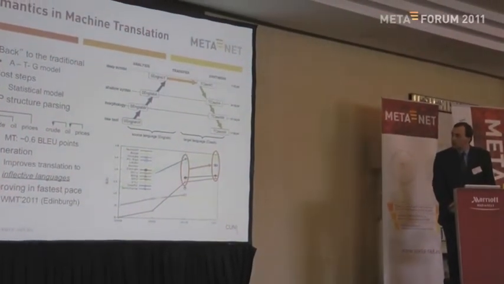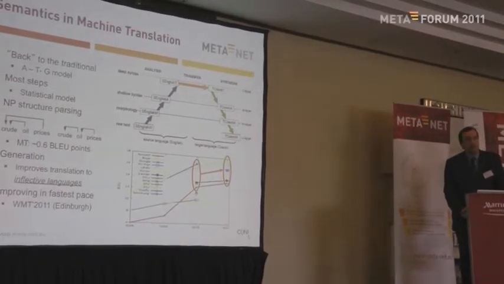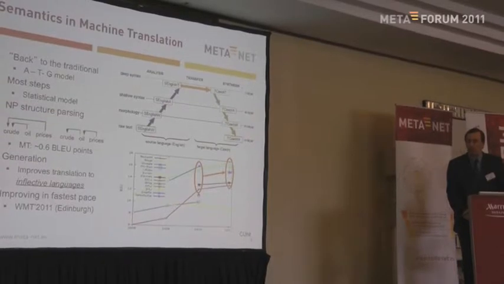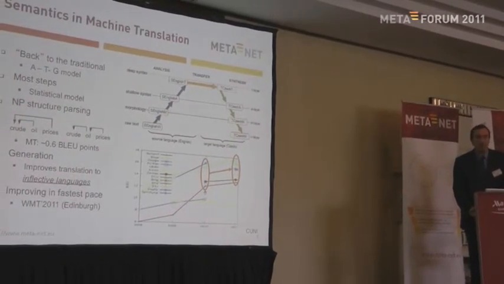The improvement was just 0.6 BLEU points, but when we do the subjective evaluation, as it's always done at the WMT workshop, then in fact the semantic-based systems are usually better, or at least they show more improvement than just the automatic metrics.